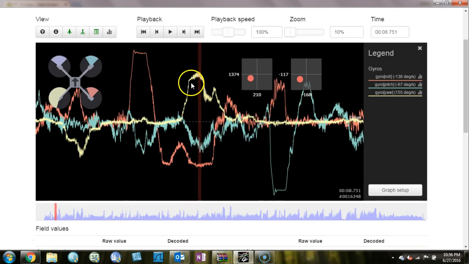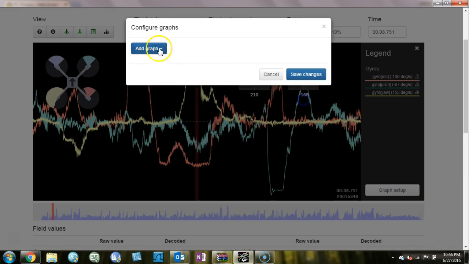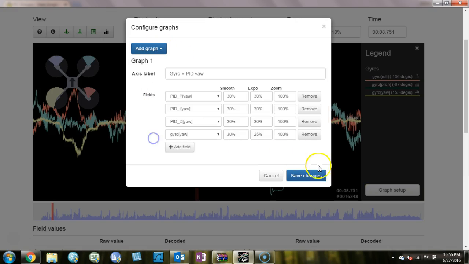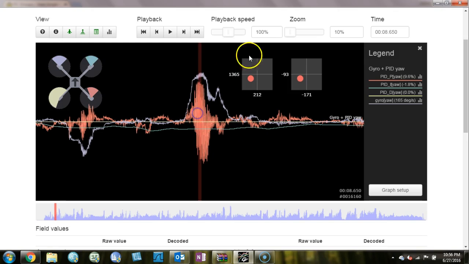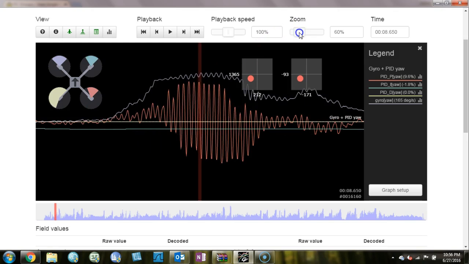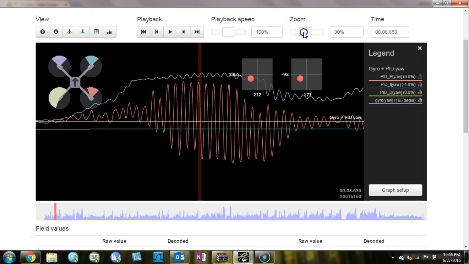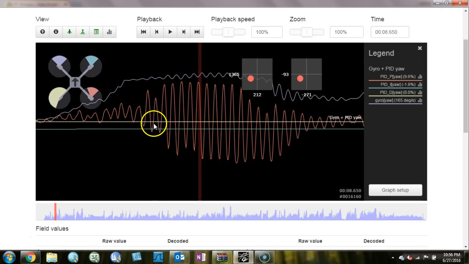Let's take a look at the yaw axis where this interesting jaggedness is. That's quite unusual. Yeah, so, oh wow, something is really going on there. What is that? Okay, so P-term oscillation on yaw. How do I know it's P-term oscillation? Well, it's the P-term, it's the red line, and it's oscillating.